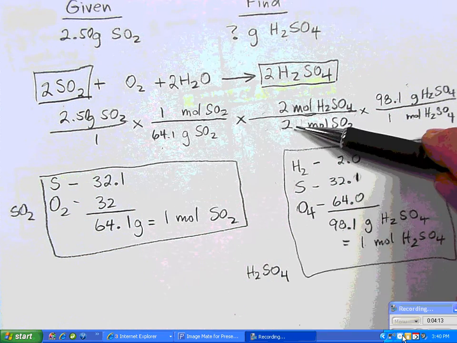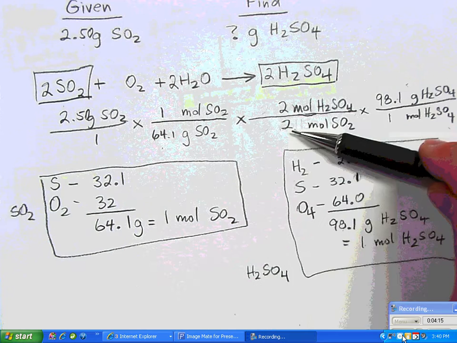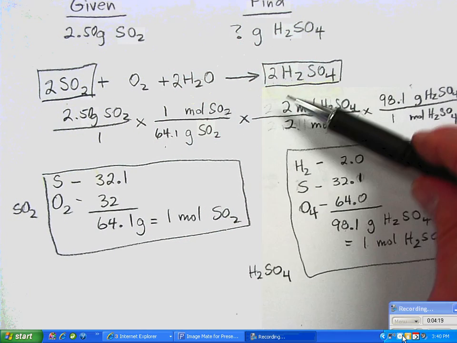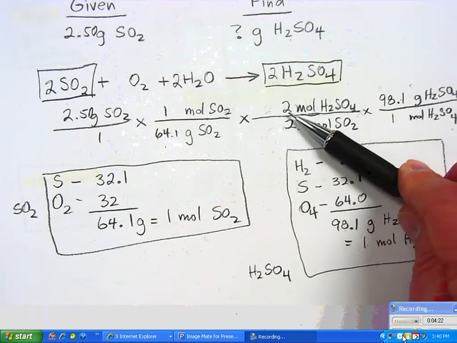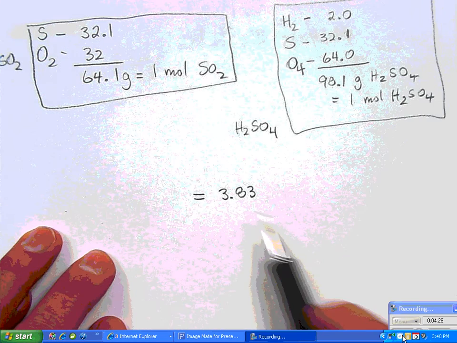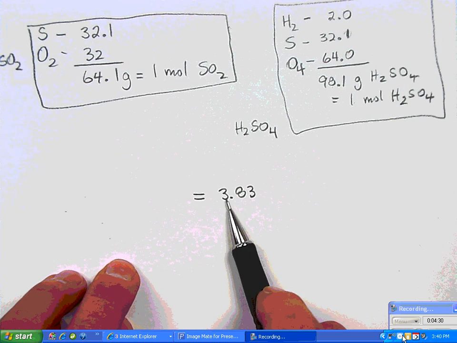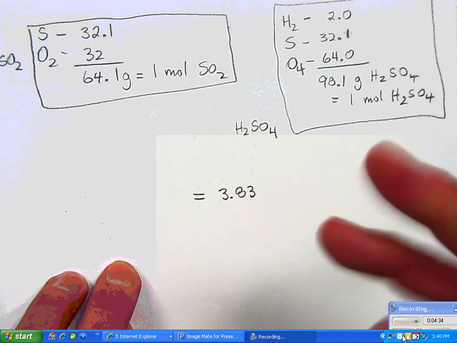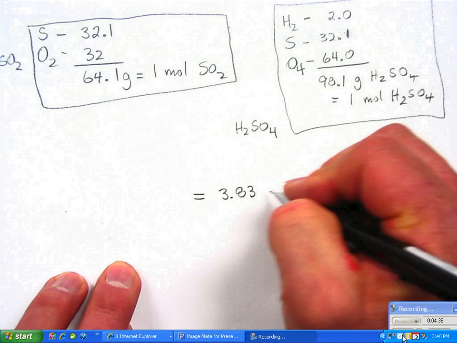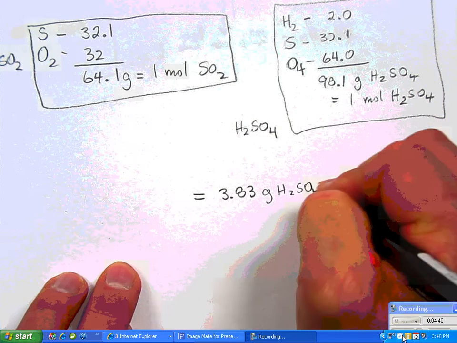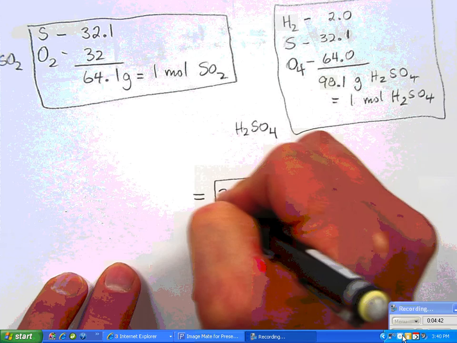This 2 is 2 moles. It's an exact number, and so it's infinitely accurate, as is this one. So we get down here, and the smallest number of sig figs that we have in any of our numbers is 3, and that's why we have to round this number from the calculator and get it to this number. And so the unit of measure is grams of H2SO4, and we are done.